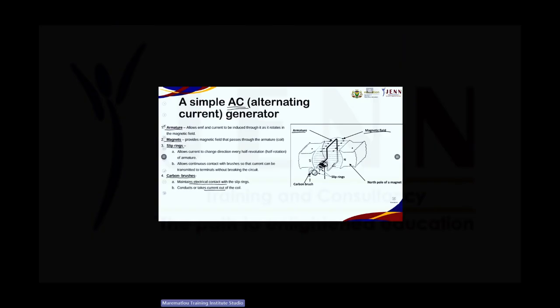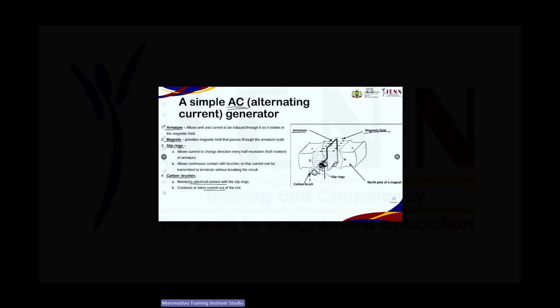So that is going to help so that if this coil rotates the whole time, the current is going to alternate every single time. Meaning if I look at this coil as it rotates, when it gets to a different point, all of a sudden, instead of the current here flowing downwards, now your current is going to flow upwards.